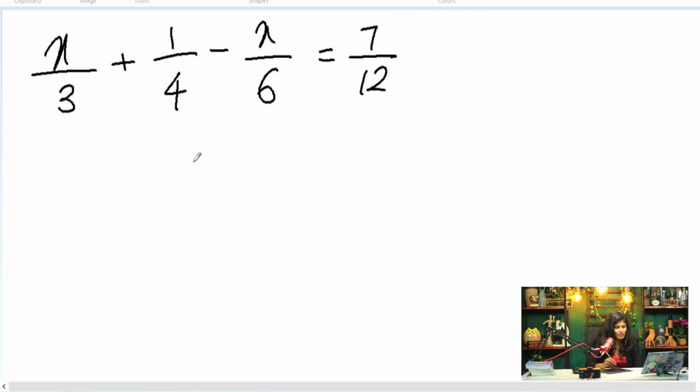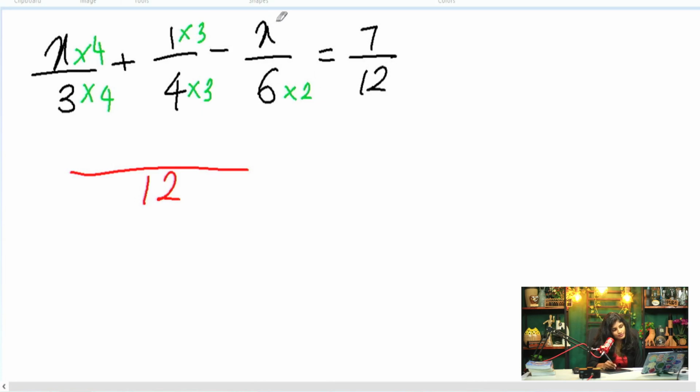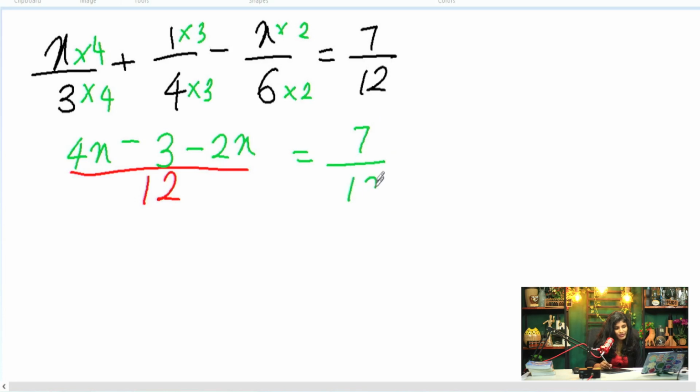So the common denominator I am going to take is 12, because 12 is divisible by 3, 4 and 6 all. So to make 12, I will multiply 3 by 4, 4 by 3 and 6 by 2. 4 times x means 4x plus 3 minus 2x equals 7 over 12.